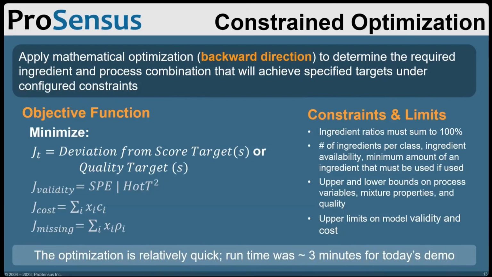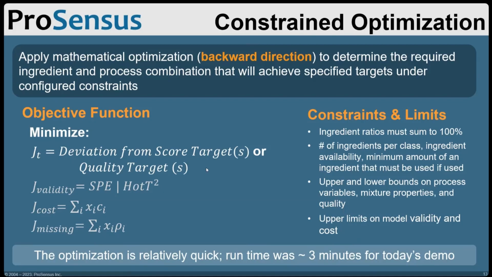So any optimization requires an objective function. And we have multiple terms in our objective function, which I've listed out here. The main thing we're trying to minimize is the deviation from configured targets. So the user can target either a location in the score plot or quality targets.